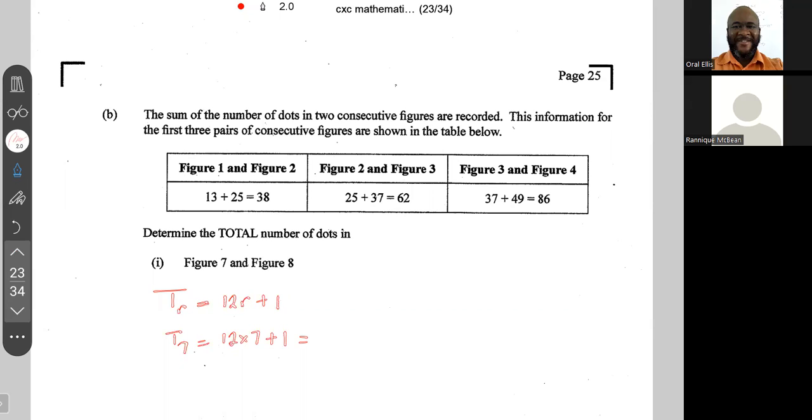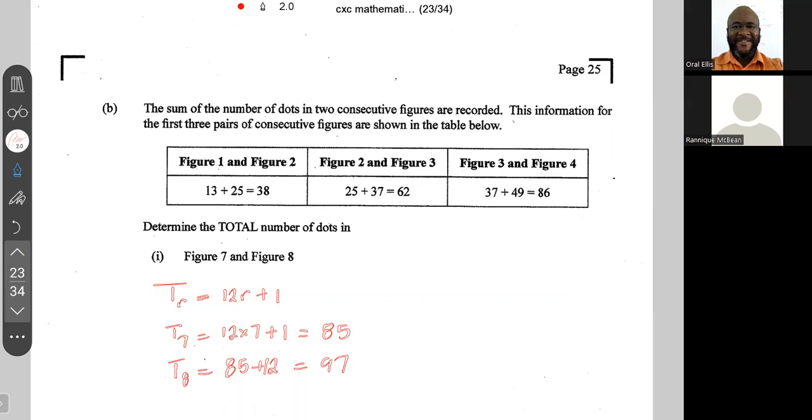All right, and this is 85. T8 would simply be 85 plus 12, because remember, the number of dots is going up by 12. So this would be 97.